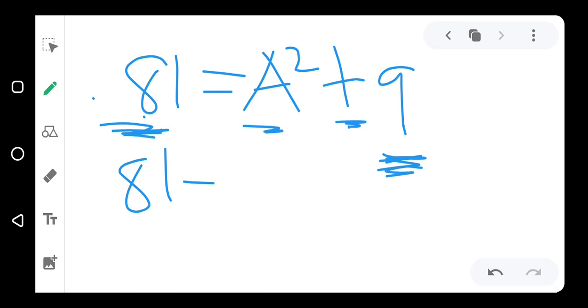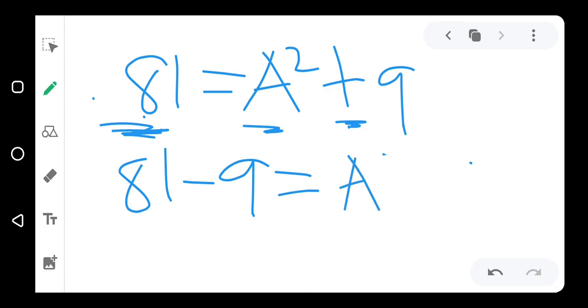So let the alphabet stand alone and let the numbers stand on their own. So once it crosses the equal sign, it becomes negative. So 81 minus 9 is equal to a squared.